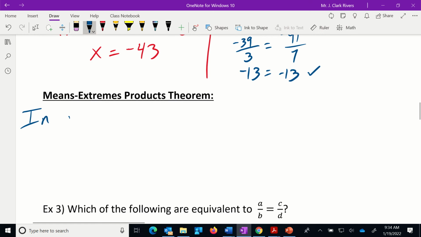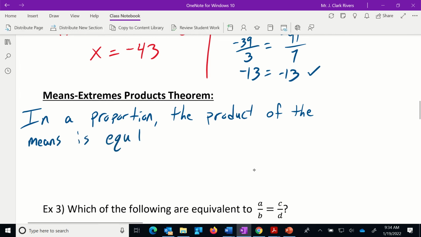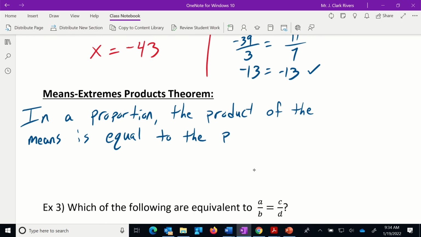In a proportion, the product of the means is equal to the product of the extremes.